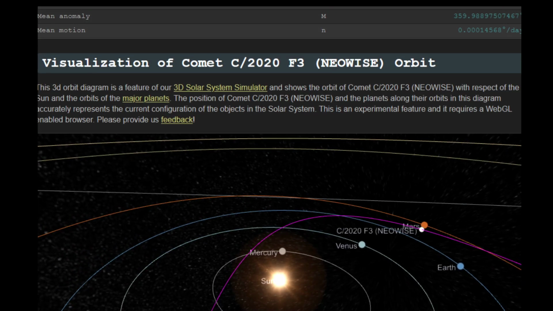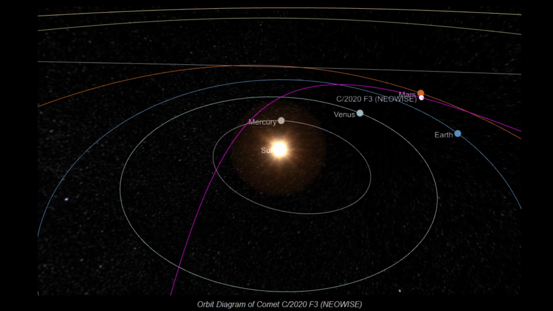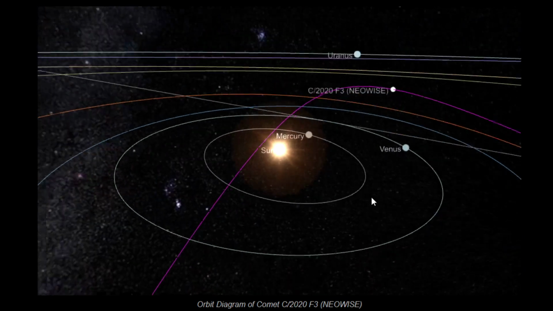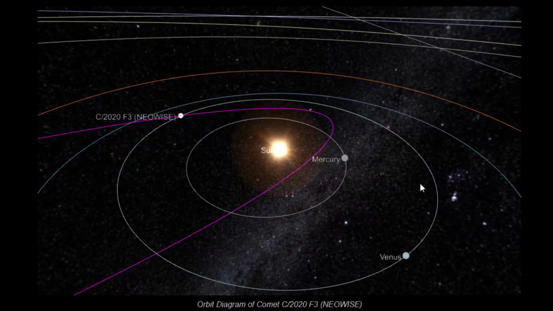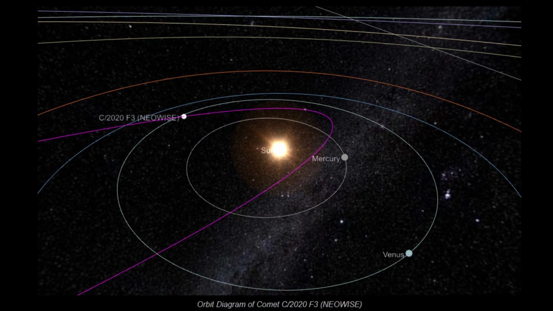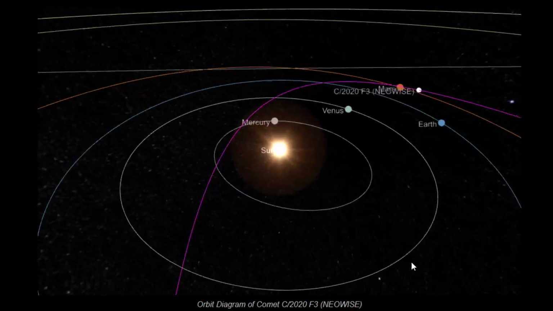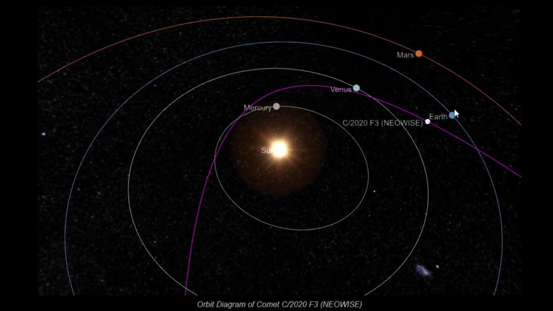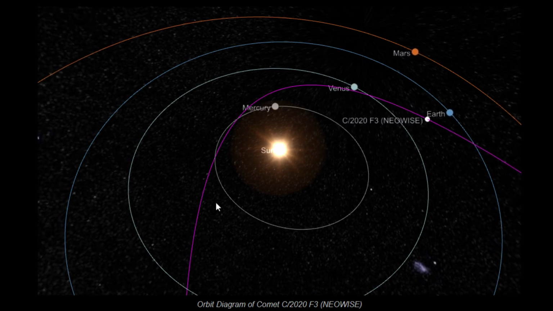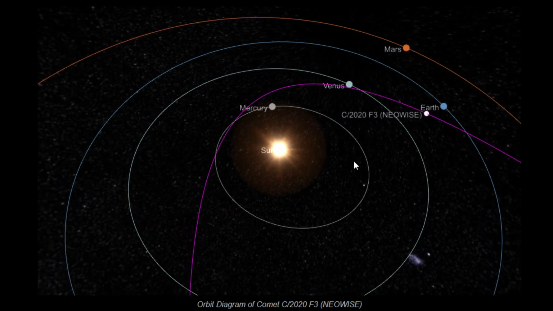This is the location of Comet NEOWISE right there. The Earth, as you can see, is right here. And NEOWISE has gone around the sun, and it's heading back out to deep space.